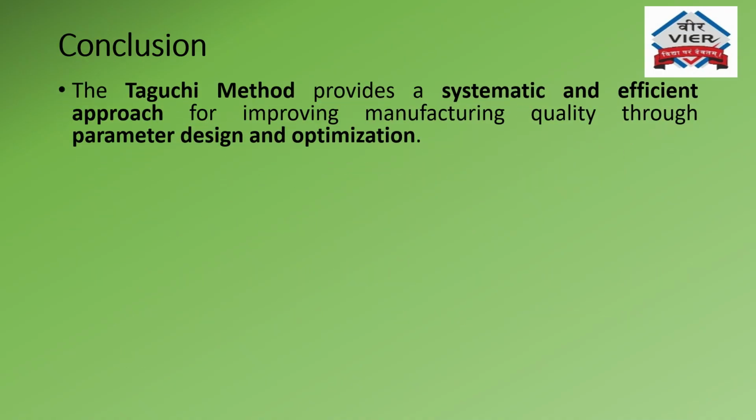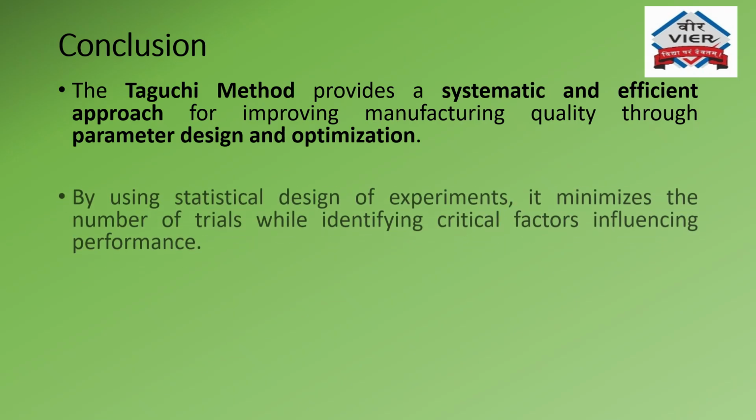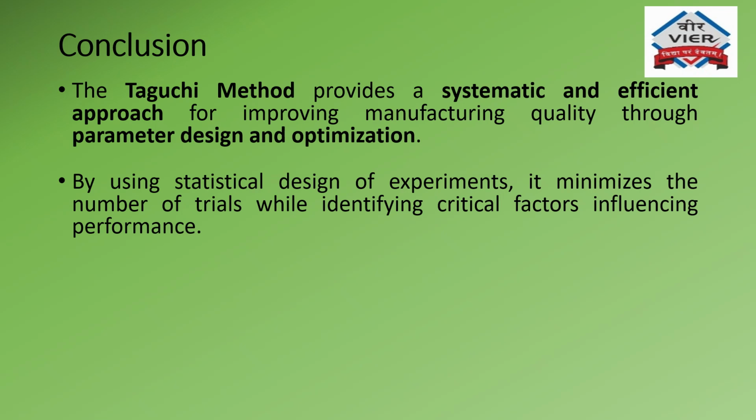The conclusion is that the Taguchi method provides a systematic and efficient approach for improving manufacturing quality through parameter design and optimization. We select the control factors and identify the optimal values of these parameters. By using this statistical design of experiment, it minimizes the number of trials while identifying critical factors influencing performance.